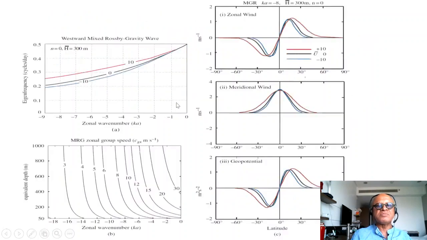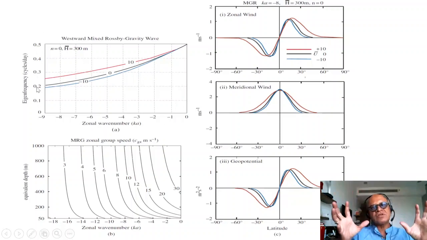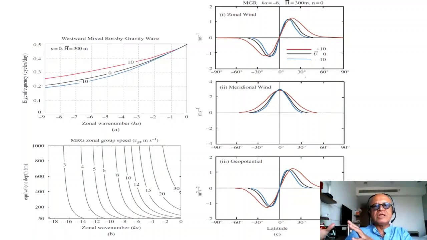That's what I'm showing. You can now plot that relation in terms of the westward mixed Rossby gravity wave, zonal wave number and frequency. So the same diagram we saw for all the waves, we are now splitting into individual eigensolutions.